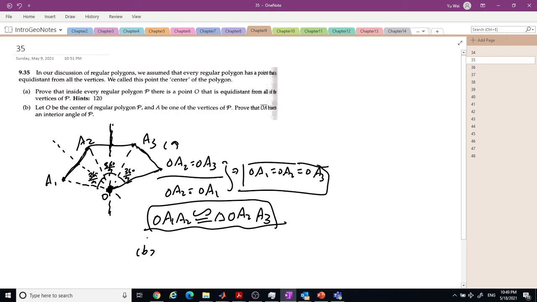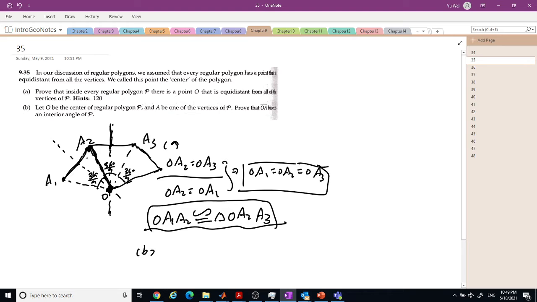Let O be the center of the regular n-gon, and A be one of the vertices. Prove that OA bisects an interior angle. Let's see. O is the center, and OA2 is one of the connections from the vertices to the center.